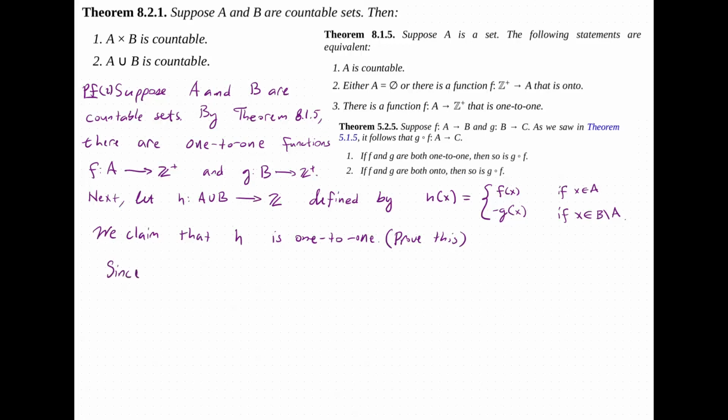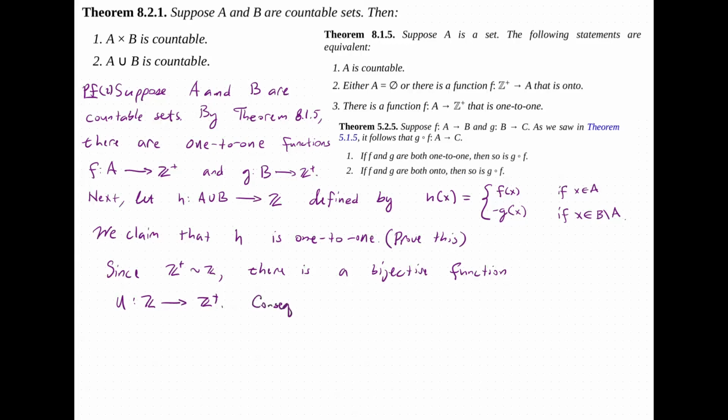And so here we continue. So since the positive integers is equinumerous to the integers, there is a bijective function u going from the integers to the positive integers.